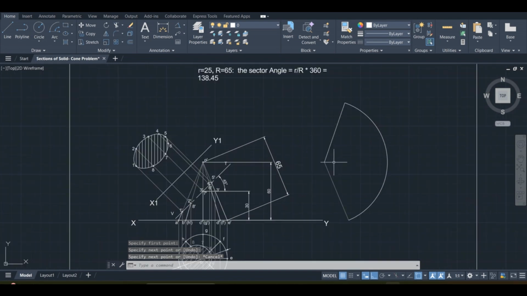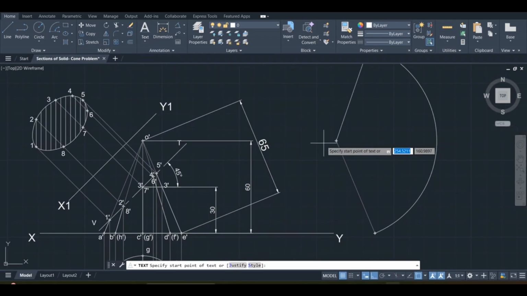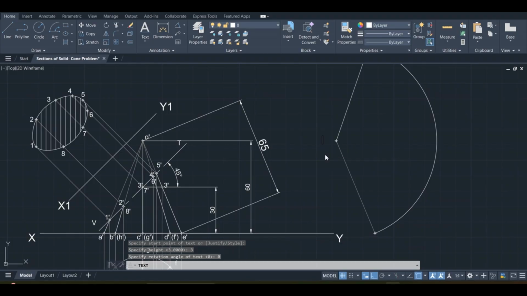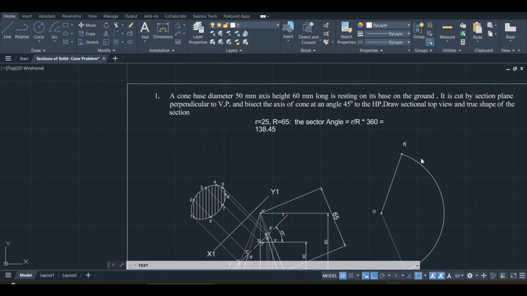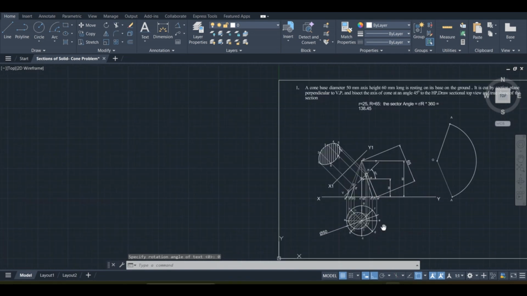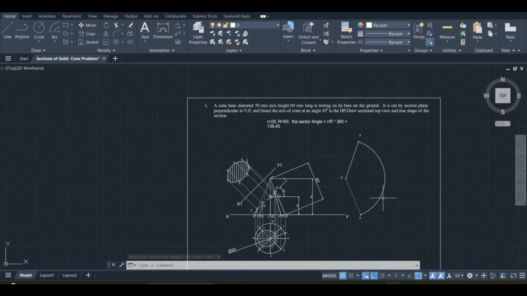So give the point names. First keep the points. I'm taking 3 mm height, so it is O, and this point I am taking as starting point A, so this point also comes as A. And now as we divided the circle into 8 equal parts, here in the development also you need to divide the arc into same number of equal divisions in order to get the generators.